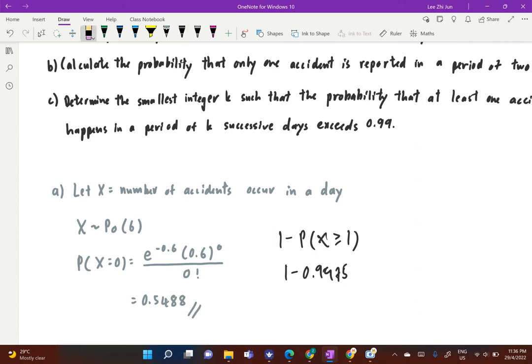I read it wrong. It will be 6. Oh, okay. Let me rewrite, and I calculate it.